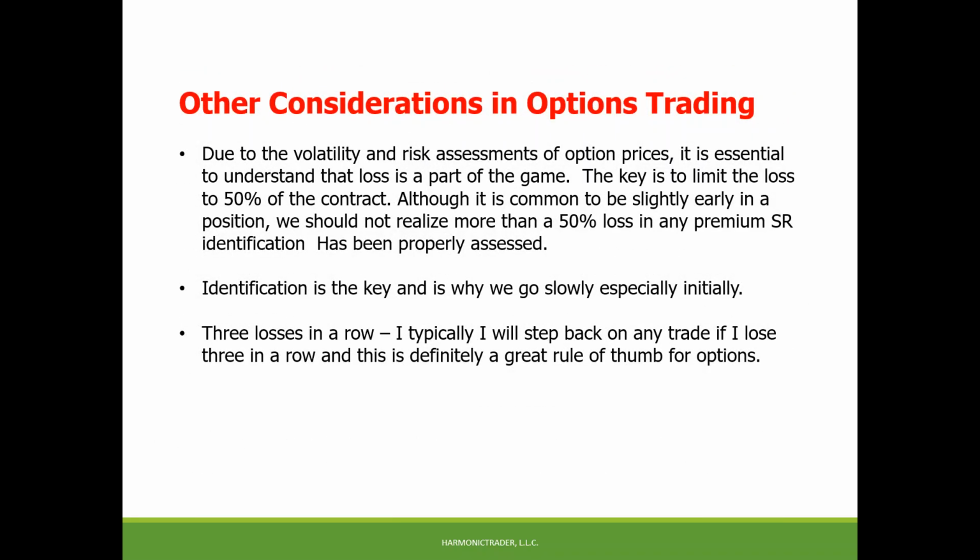Other considerations, when we're looking at loss assessments: if our option contract loses 50% of the value, especially if we're facing expiration, we don't want things to go to a total loss. About 50% generally is the limit of drawdown that I'm going to allow.